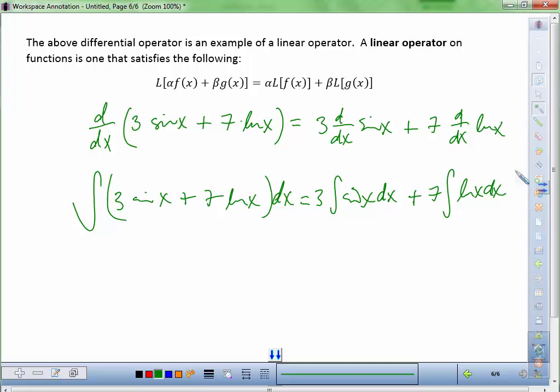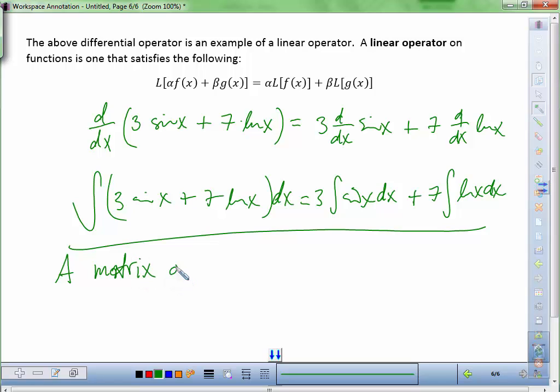So this idea of the derivative and the integral are examples of linear operators that work on functions. And so if I have a combination of functions with scalars in addition, and then I take the linear operator of that, then I can peel out the scalar and then split up the addition.